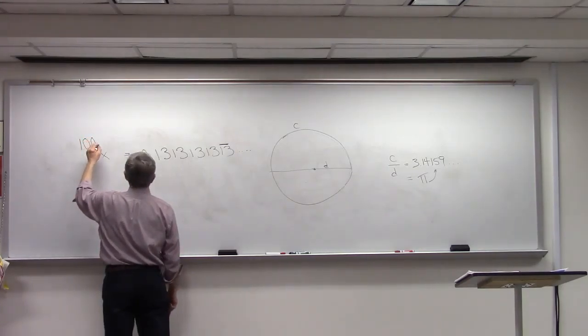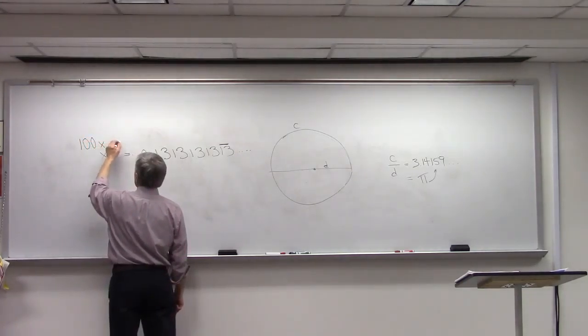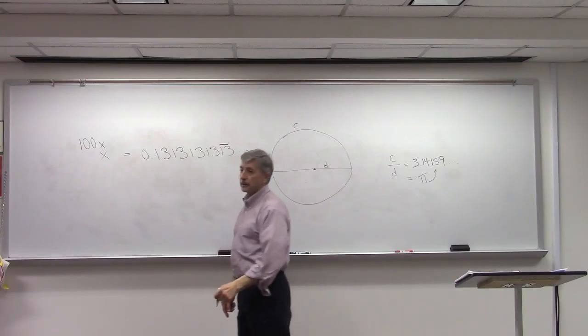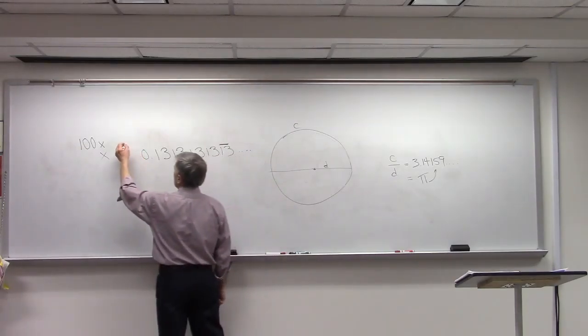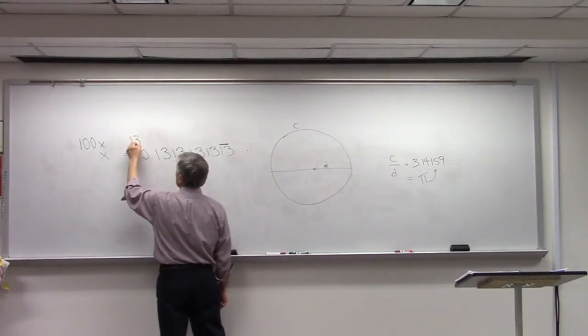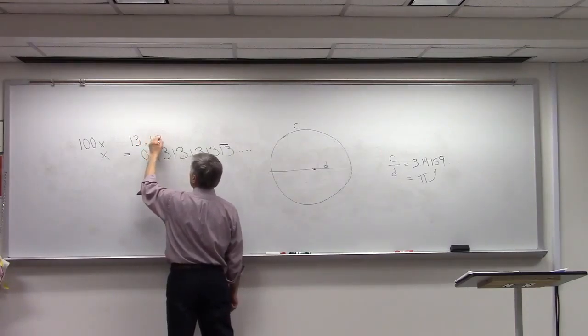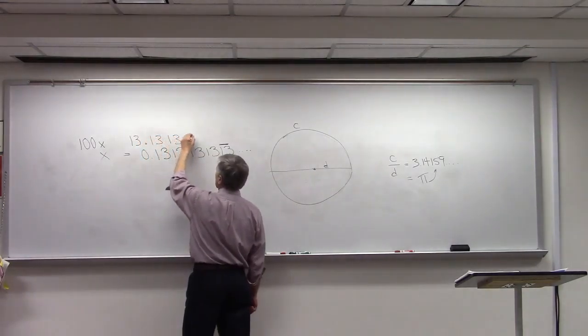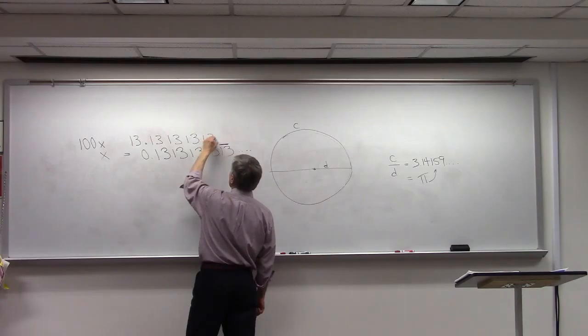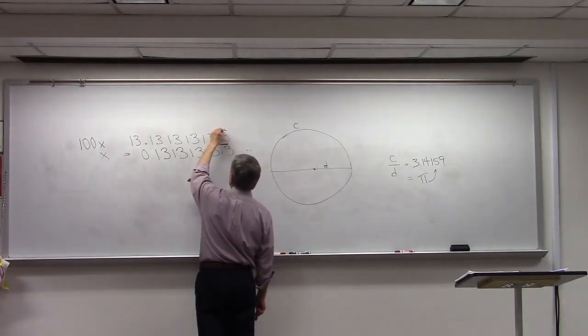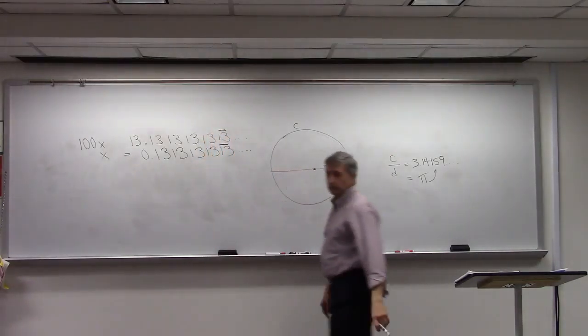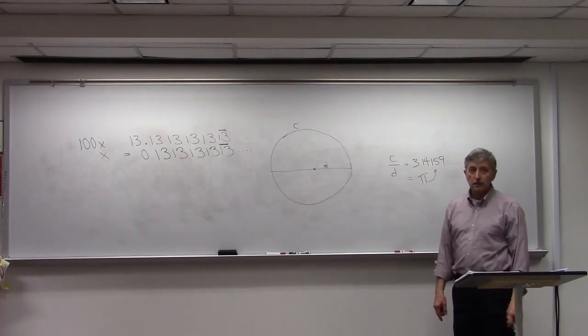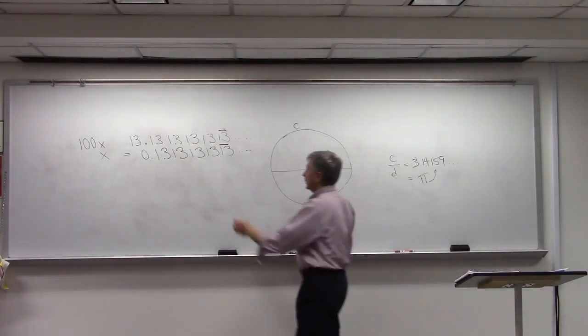So if x is equal to that, then 100 times x is equal to 13.131313, all the way down. Okay? Make sense?